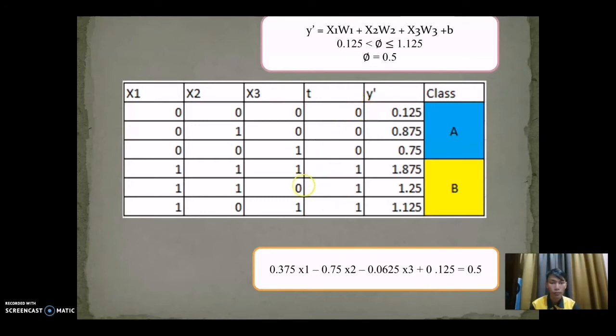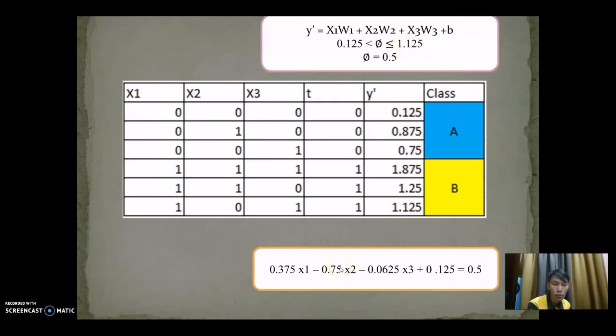For the target, 0.00111, and for the y, 0.125, 0.85875, 0.75, 1.875, 1.25, 1.125 for the class A and B. And lastly, for the theta, we assume that it is equal to 0.5, and this is the range, which is 0.125 is smaller than theta, and theta is smaller or the same as 1.125.